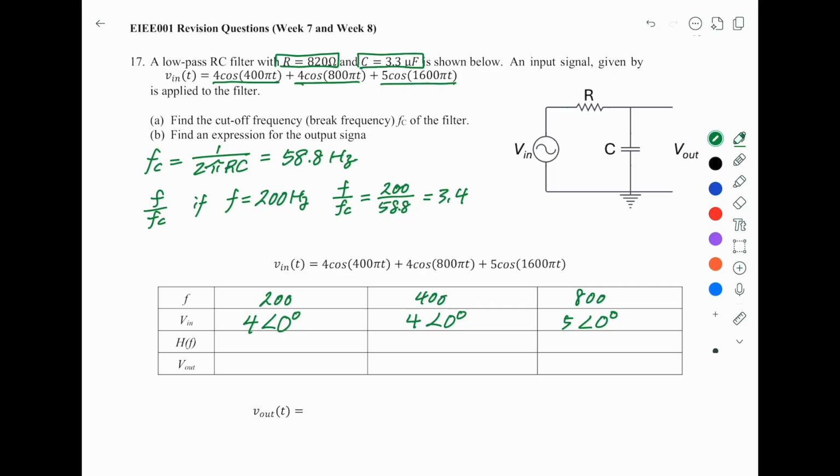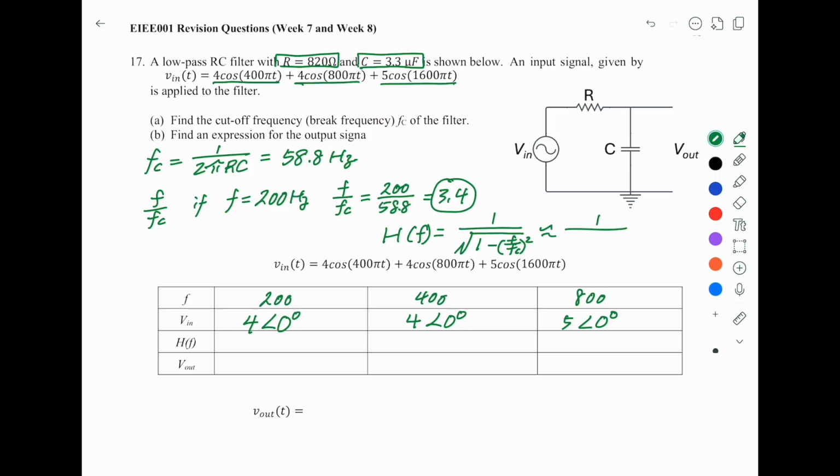Now you plug this factor into the equation. So the equation says 1 over square root of 1 plus f over fc to the power of 2.